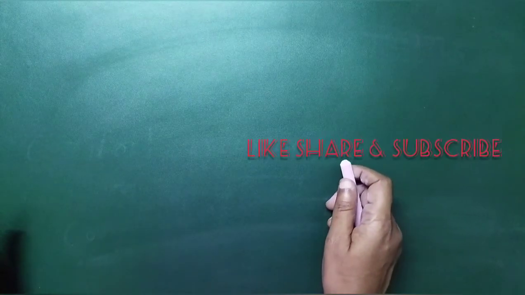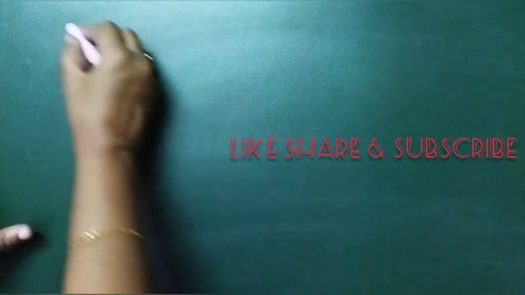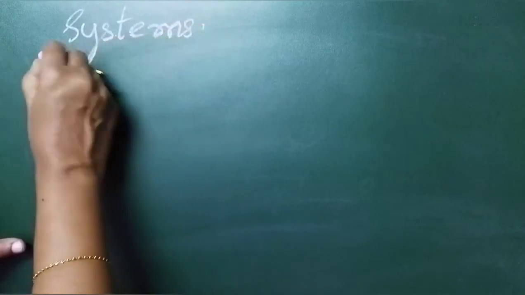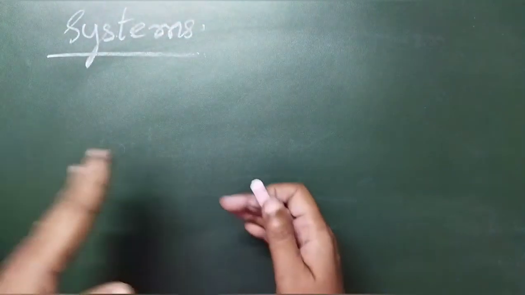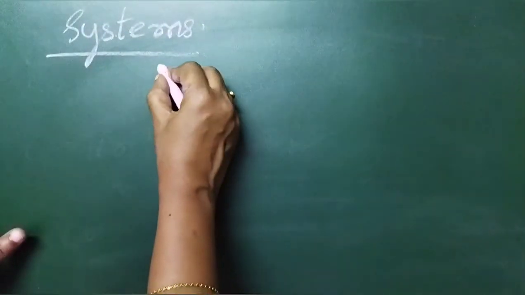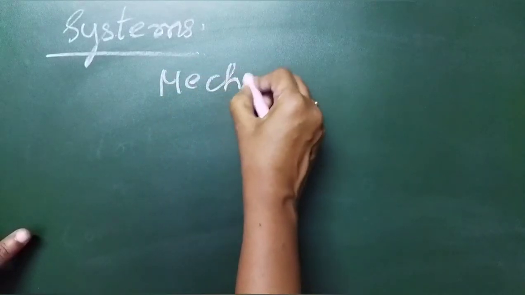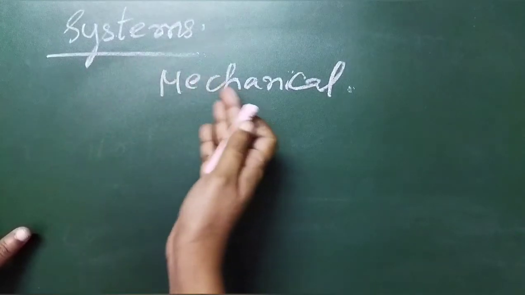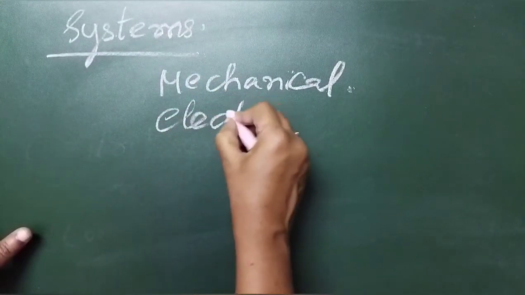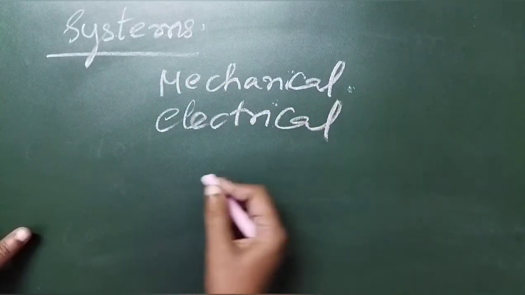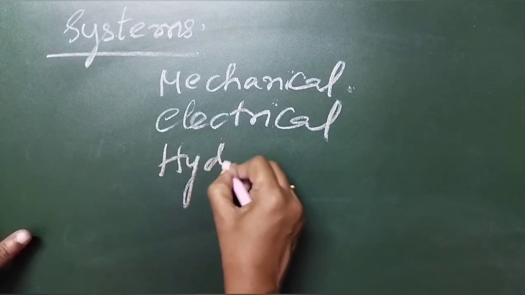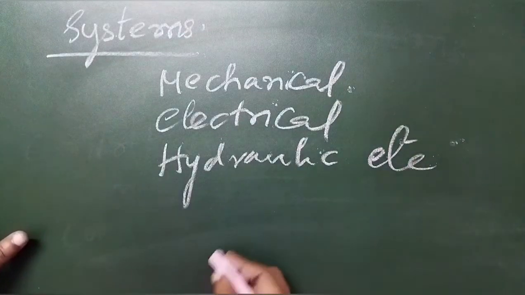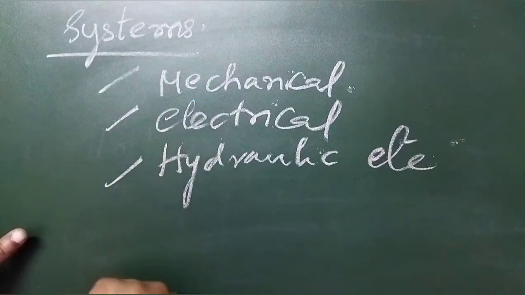Now we'll see the various types of systems. In general, you have different systems, like mechanical systems. Depending upon the nature, we have mechanical, electrical, hydraulic, etc. Now, these are the various systems.